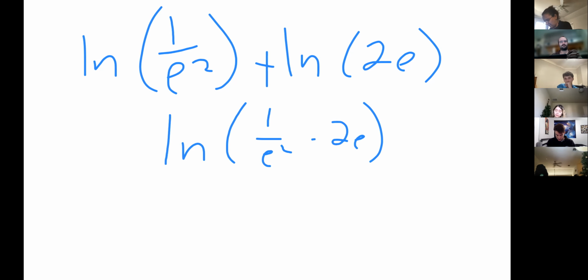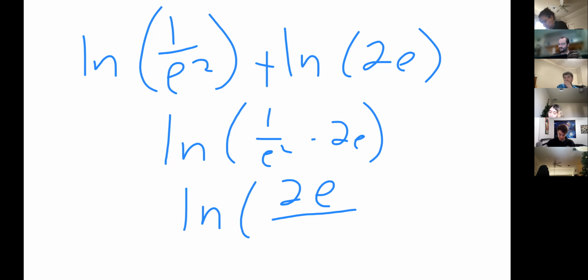Excuse me, which number, please? This is 49. Oh, yes, thank you. So ln of 1 over e squared plus ln of 2e. Would I put 2e over 1? So the 2e is going on top, and what's going on bottom? With e squared. E squared should be on bottom, yep.